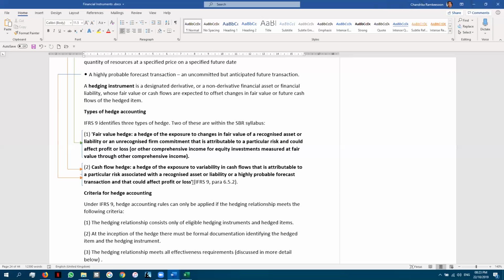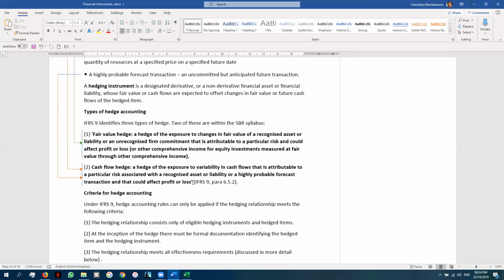The problem is this. Financial instruments were not always the subject of a standard. There was previously IAS 39. Okay, well, there's no IAS 39 anymore. Anything which was involved with IAS 39 is now here. And IAS 39 was a very confusing standard.